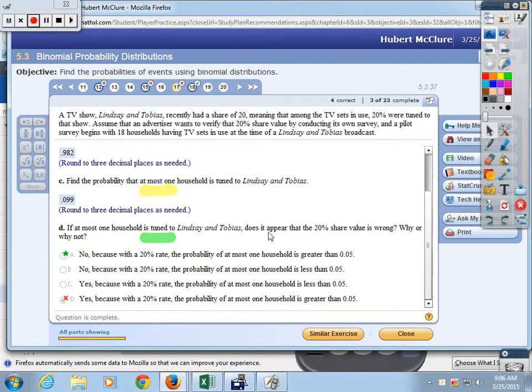But the way it's worded, in my opinion, the 20% share value is wrong. If they use the word within, then yes, it's okay. It's not wrong, because the 10% is within the 20%. But they don't use the word within. They say, is it wrong? So use your own judgment. I don't know about that question. That's kind of like that dang question about the payoff.